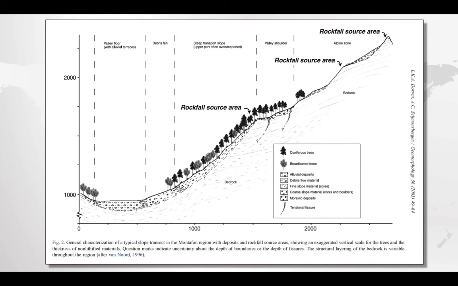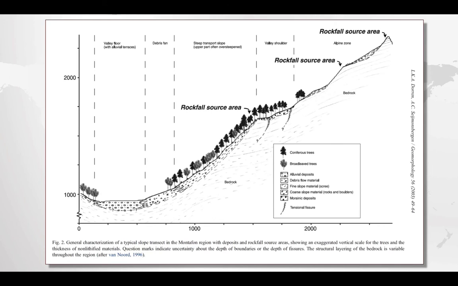This is just the general characteristics of a slope profile in the Montafon region, and it describes the depositional units which result from these rockfalls as well as the source areas. This conceptual model gives you some ideas. There's a source area at the top.